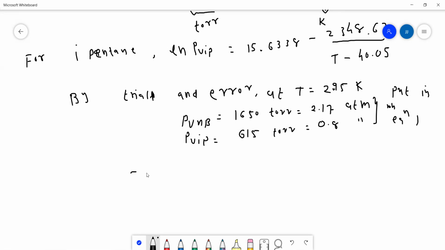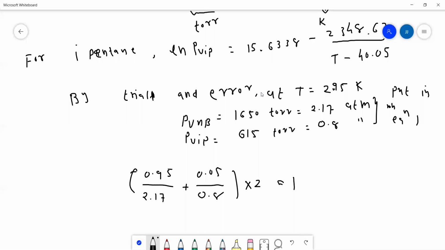Then we have 0.95 divided by the vapor pressure of N-butane, that is 2.17, plus 0.05 divided by 0.8, multiplied by 2, which is equal to 1.